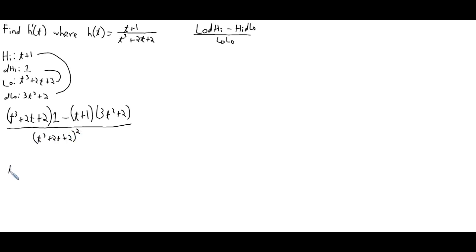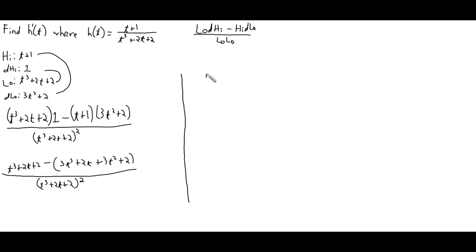This gives us t cubed plus 2t plus 2 minus, in parentheses, don't forget those parentheses, 3t cubed plus 2t plus 3t squared plus 2, all divided by t cubed plus 2t plus 2 squared.